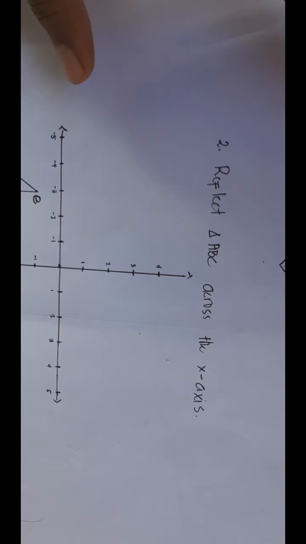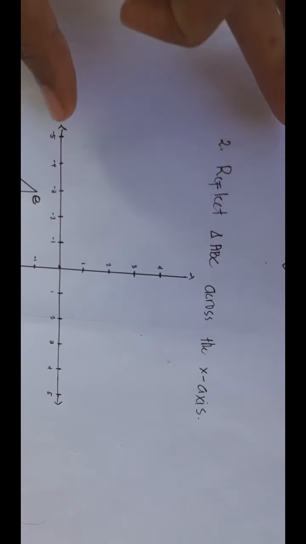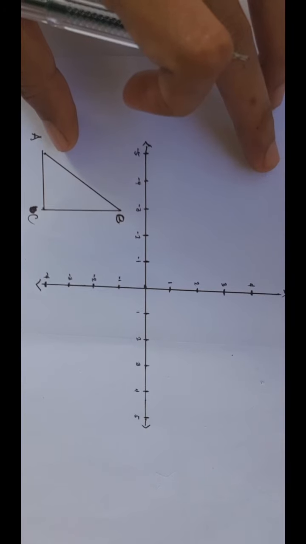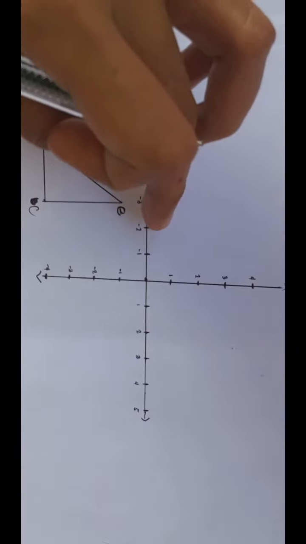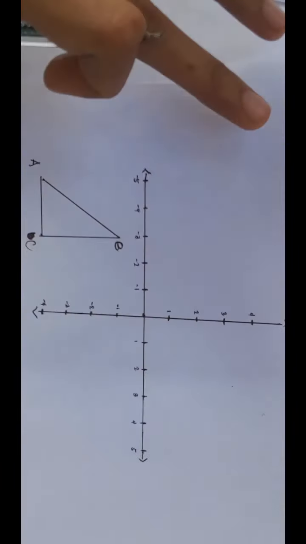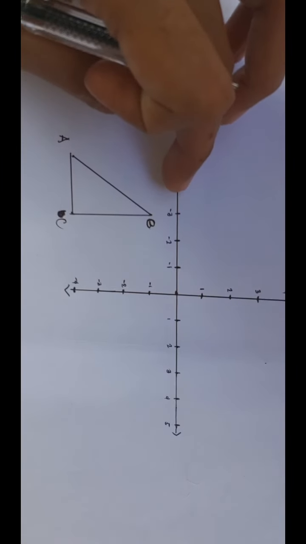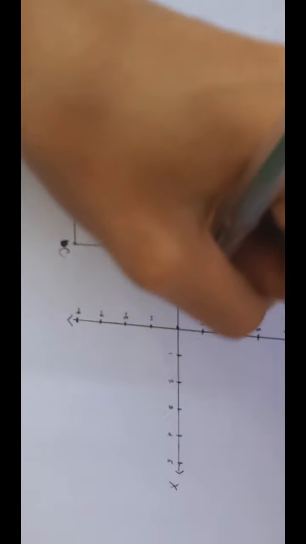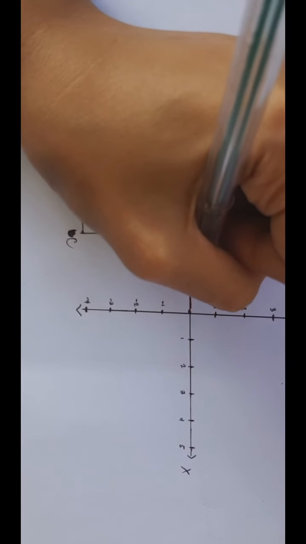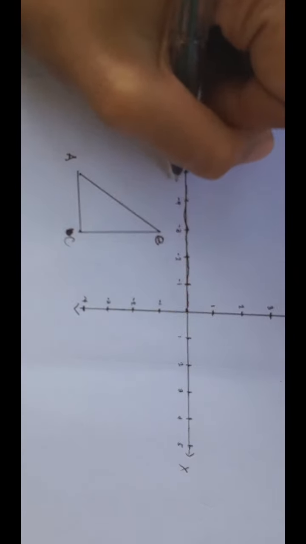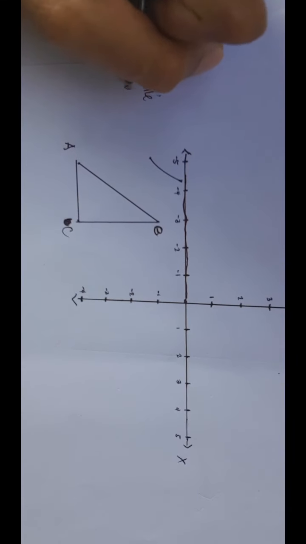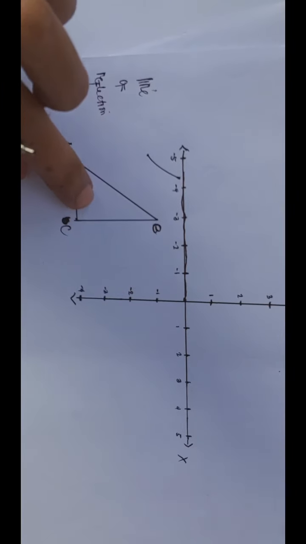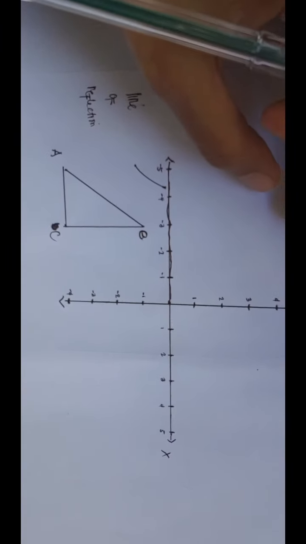Now for the second example, using the same rule in the image, reflect triangle ABC across the x-axis. So the line of reflection here is the x-axis. So this is y and this is x, and this part here is what we call the line of reflection. Now we need to reflect this to here, right?